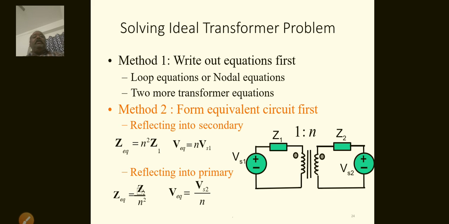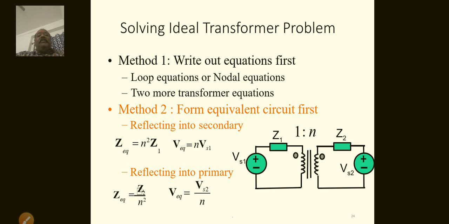Now, solving the ideal transformer problem. Write out the equations first, the loop equations or the nodal equations, and the two transformer equations. Then, from the equivalent circuit, first reflect into the secondary.